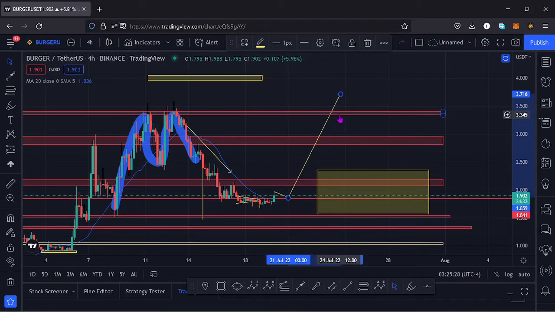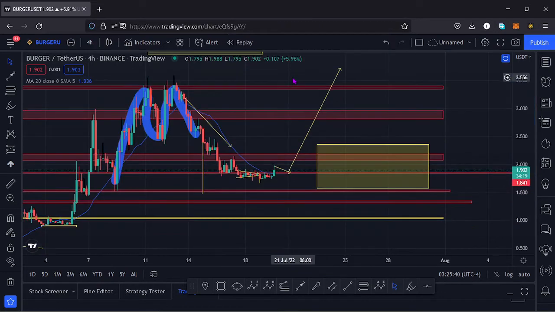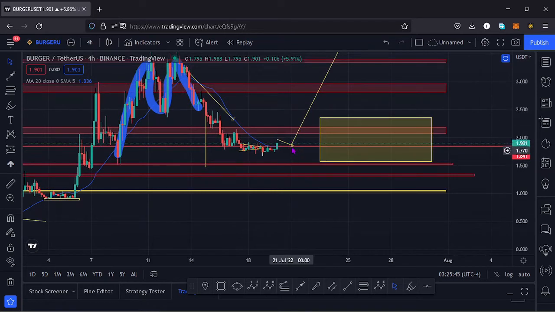And once we get to this key area of resistance once more up here, we can break above it, have a retest, and go to this yellow target that I had here on the screen at around the $4 mark.